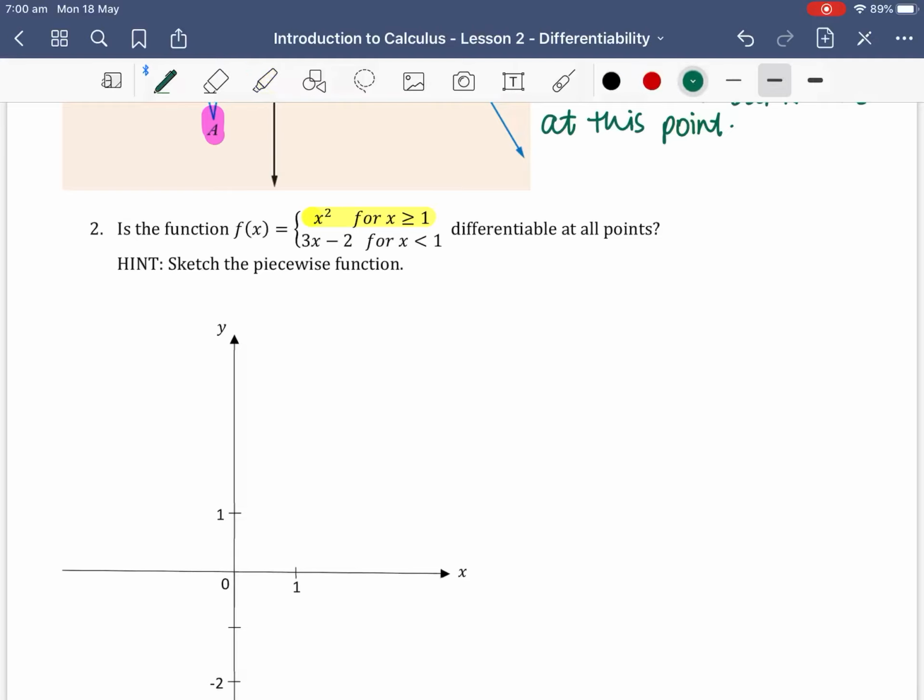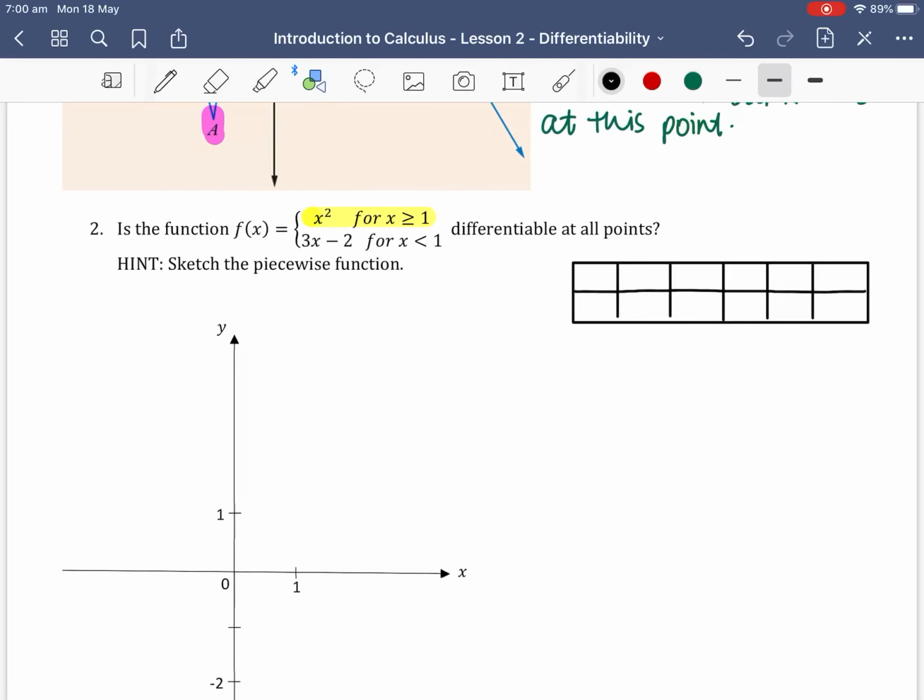If we were to graph x squared, we can draw up a quick table of values over to the side, and we only want our x values greater than 1.